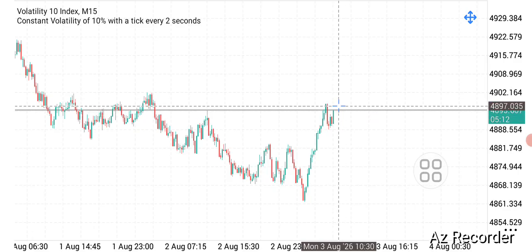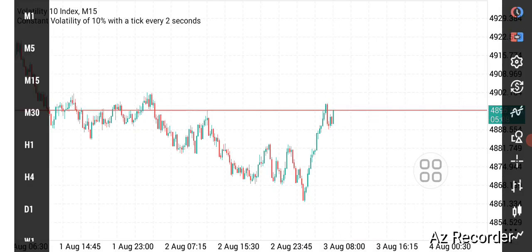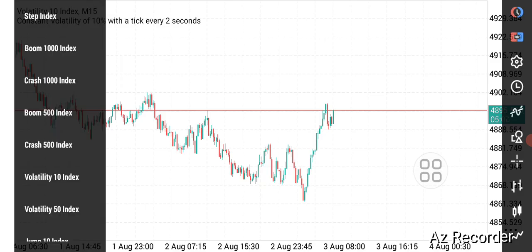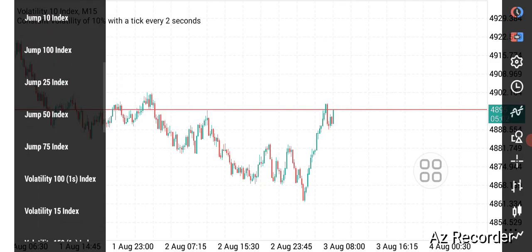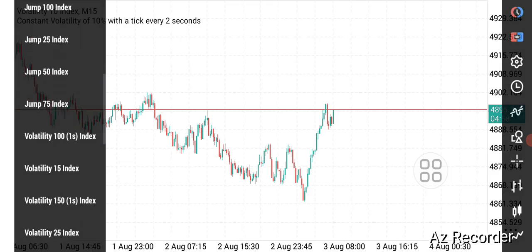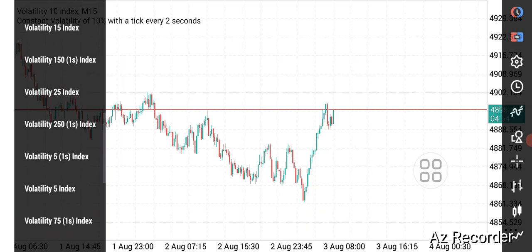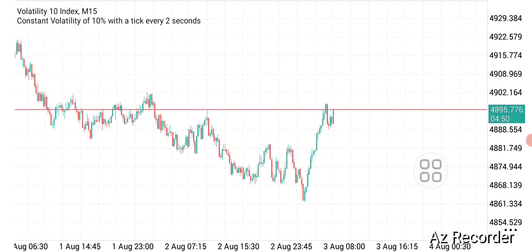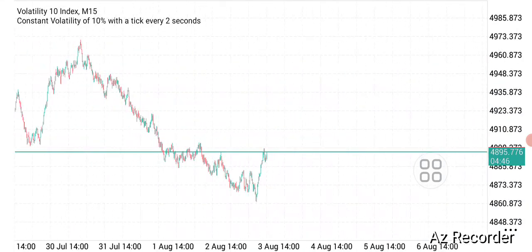The third advantage is that these volatility indices, the ones that we are seeing here, don't have fundamentals. We only trade technical. When you're trading these volatility indices, you don't wait for news. There is no time that you hear we have NFP, we have FOMC, or news from Trump or anywhere. This market trends only on technical analysis.